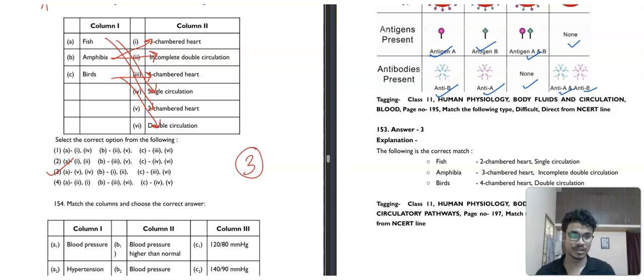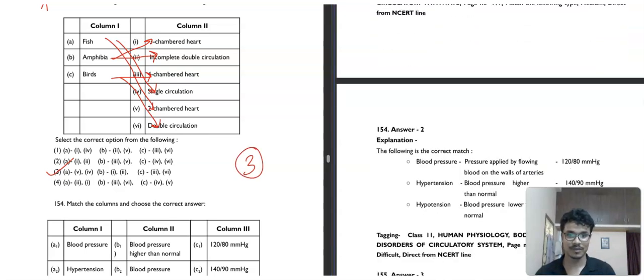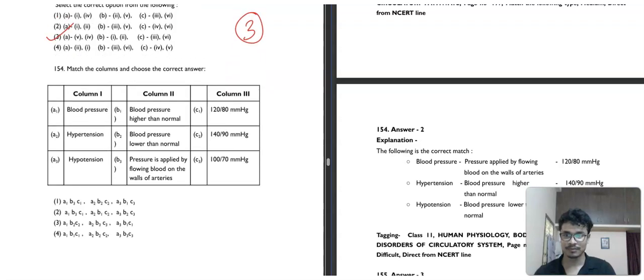Moving to the next question, question number 154. It is saying blood pressure, hypertension and hypotension. Basically, what is blood pressure? That is the pressure applied by flowing blood on the walls of arteries. This is the definition of blood pressure. And the normal blood pressure is 120 and 80 mm of Hg.